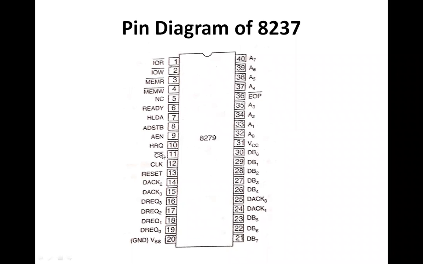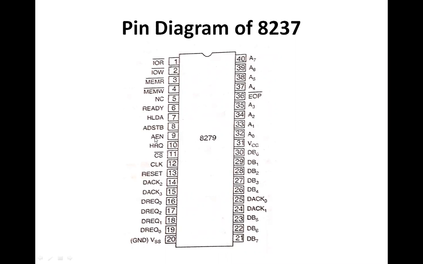Besides that, we have the NC signal, which is the no connect signal. This is pin number 5, and it is left open and should not be tested for its continuity.